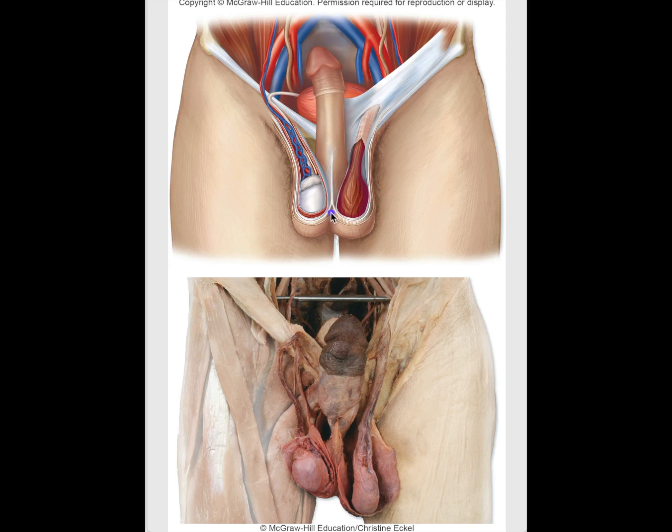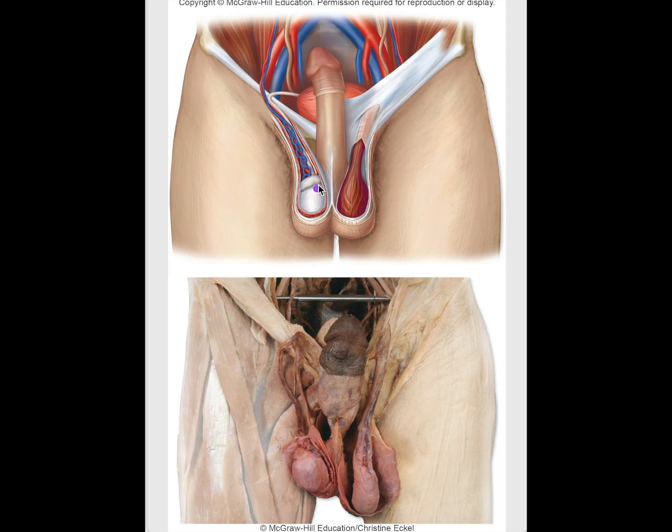So we have testes. So the white thing right here, this is a testes. We have a scrotum, and the scrotum is this skin that the testes, or the testicles, will be housed in. And the sperm are produced in the testes, or the testicles, and the sperm are very particular in their temperature.